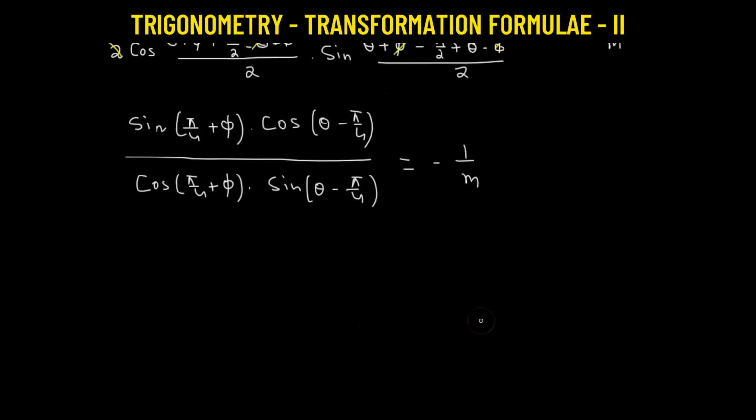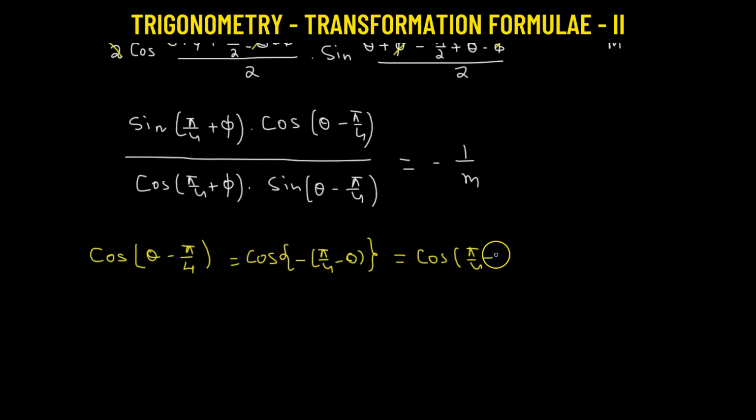Now all we have to do is rewrite this angle, cosine of theta minus pi over 4. We know that cosine is an even function. So this can also be expressed as cosine of negative times pi over 4 minus theta. Since cosine is an even function, this is equal to cosine of pi over 4 minus theta.